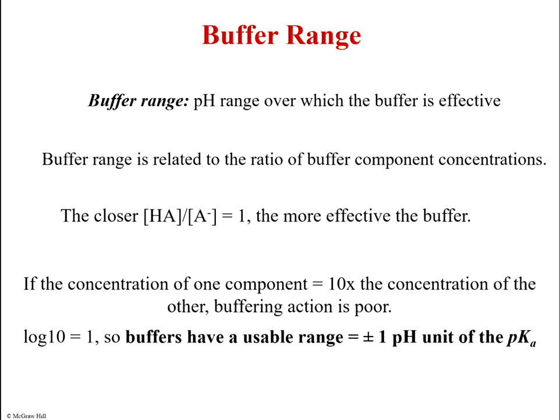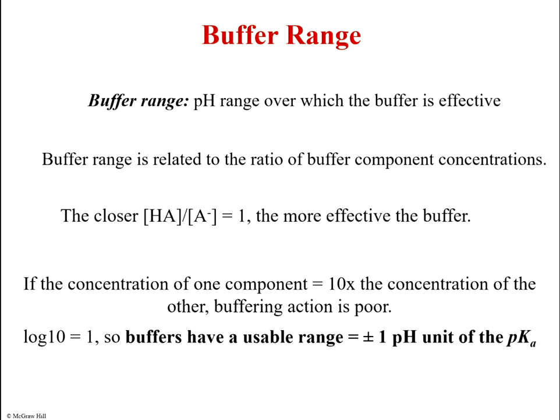The buffer range is related to the ratio of the buffer components, that is, the weak acid and its conjugate weak base. The closer that ratio is to 1, the more effective the buffer is. If the concentration of one component of the buffer is 10 times the concentration of the other, or more, the buffering action will be poor.